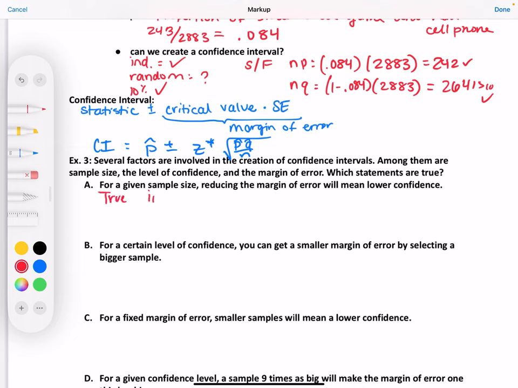And that's because the interval will be smaller, so we will be less confident that we capture the true proportion.